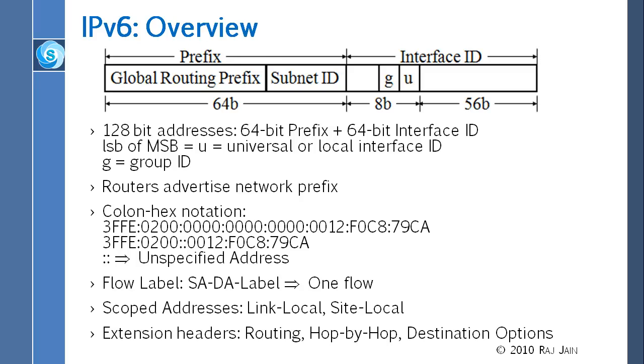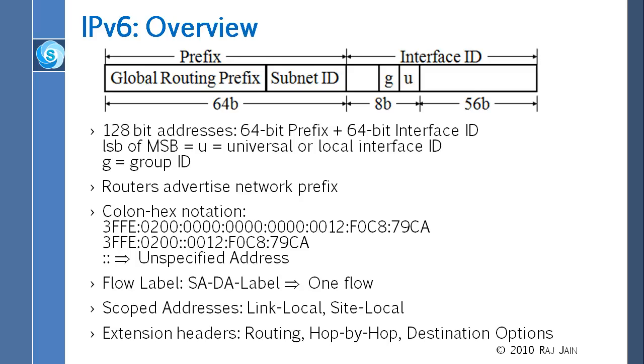The only other notation is that if you see 2 colons, that means you can add enough zeros in those positions to make it 128 bits. So for example, this address which has 2 colons here, now we have specified 1, 2, 3, 4, 5 16-bit numbers.